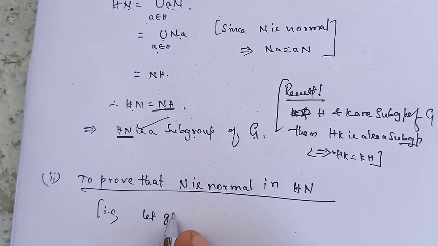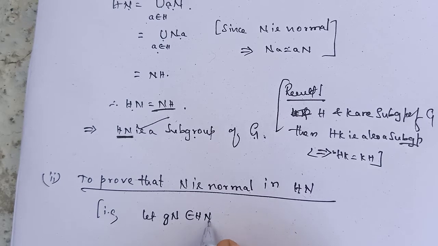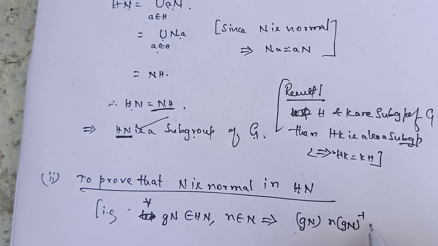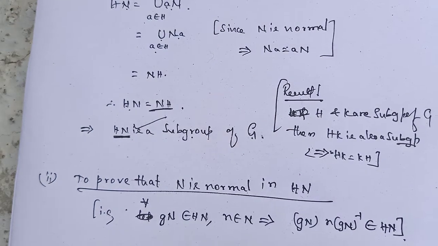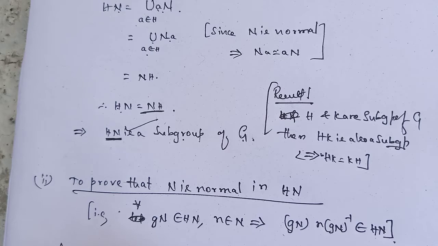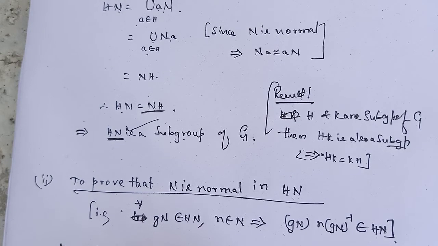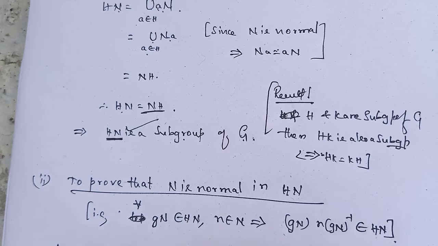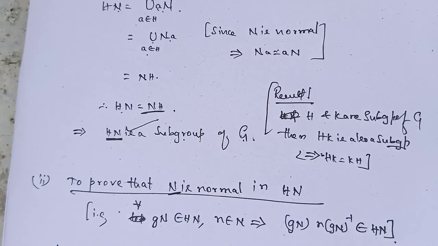Okay, I am taking some gn belongs to HN and some n belongs to N, and we need to show gn n (gn) inverse belongs to N. First, before saying that N is normal in HN, we need to prove that N is a subgroup of HN.